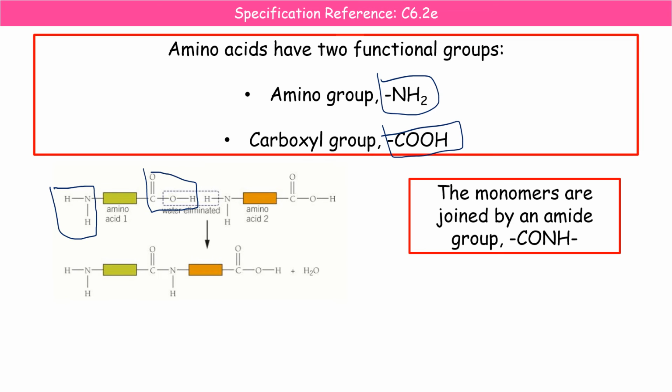Here is the carboxylic acid group, the carboxyl group. And what we're going to find is those two amino acids again join together by releasing a molecule of water. There's our water molecule. And the bond that's going to join them together is called an amide group. So CONH.